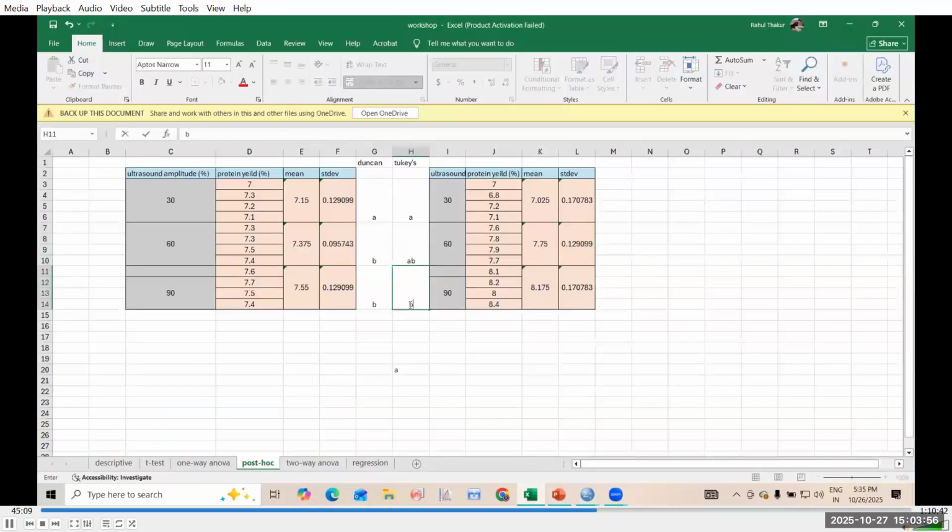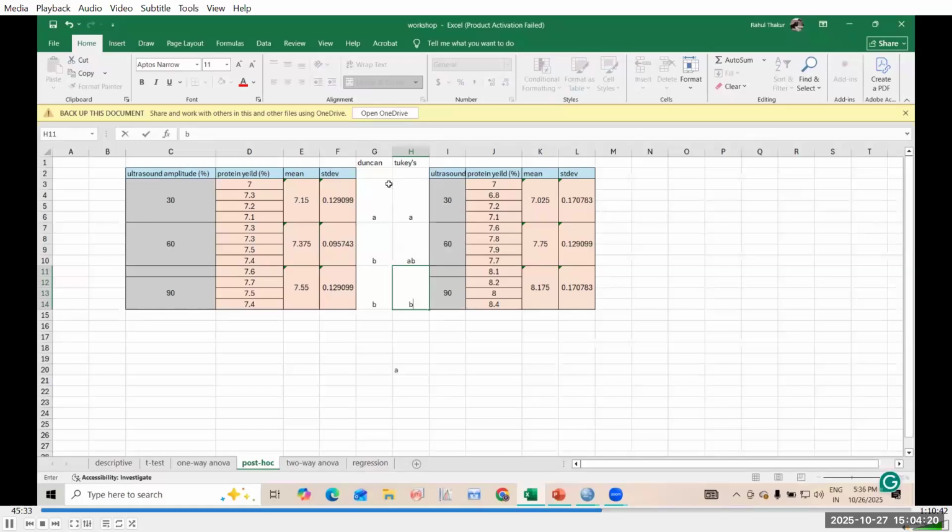So here you can see that in Tukey's test, the 90% amplitude had a more significantly different protein yield as compared to the 30% ultrasound amplitude, but not with the 60% amplitude.